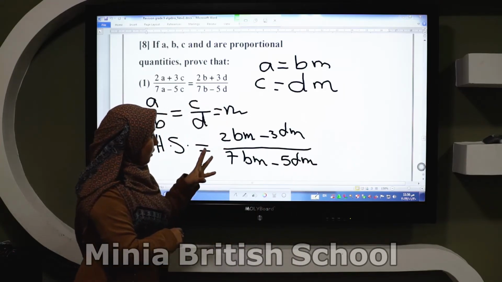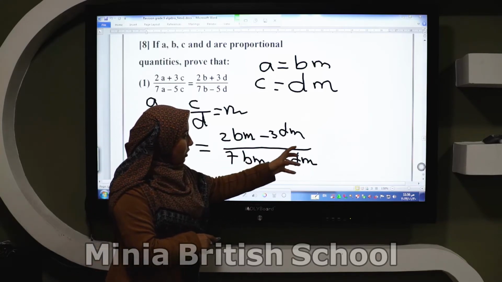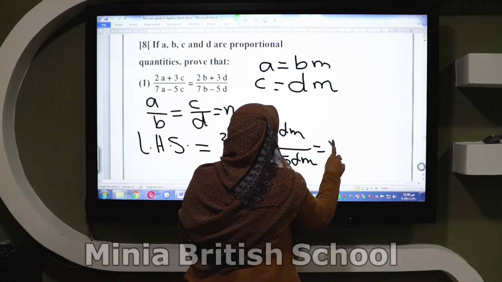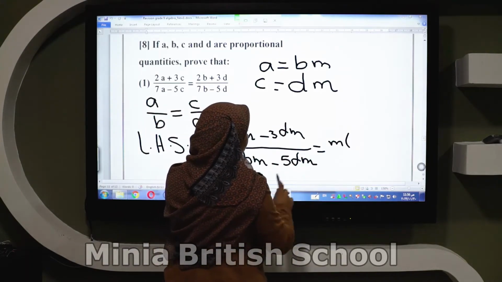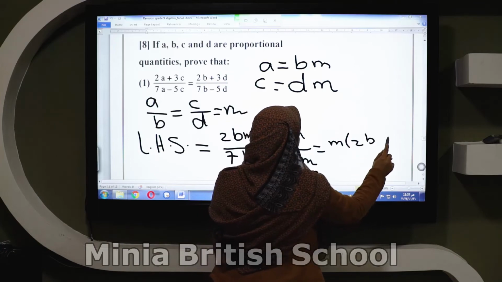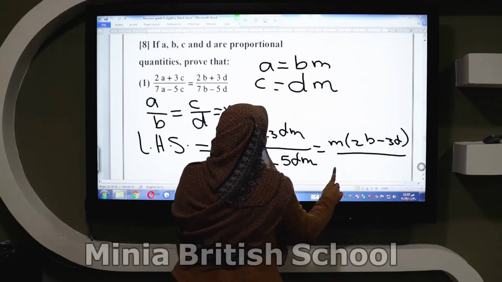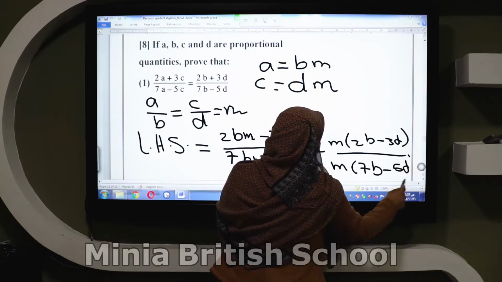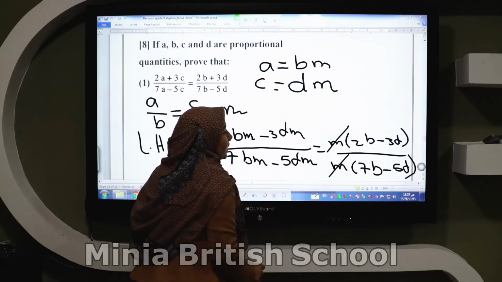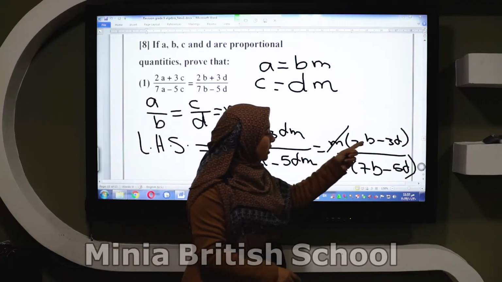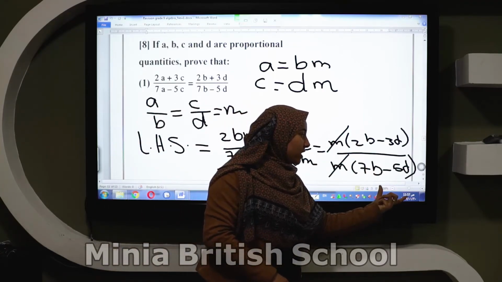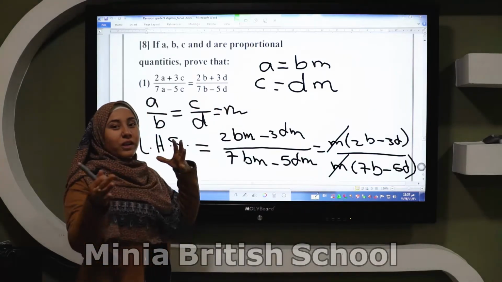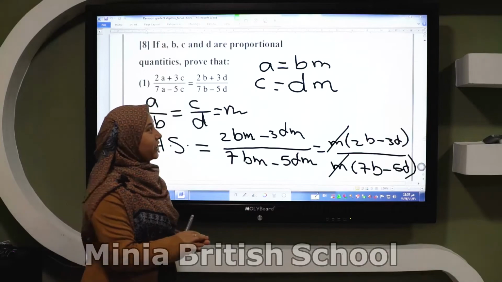Now you can take M as the highest common factor: M times (2B minus 3D) over M times (7B minus 5D). You can cancel M with M. Equal (2B minus 3D) over (7B minus 5D), yes, the right hand side. So left hand side equals right hand side.